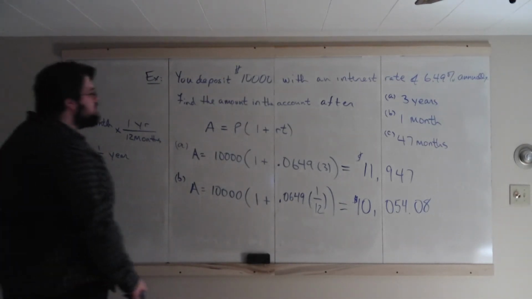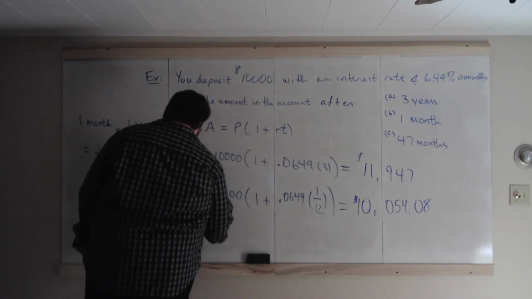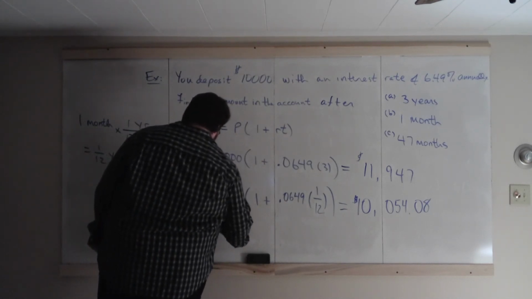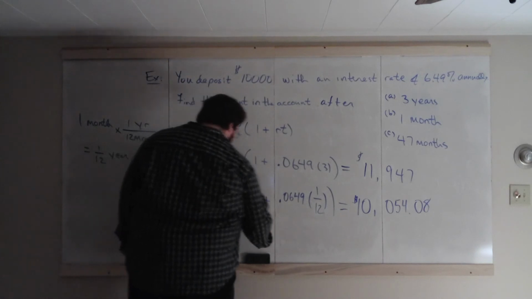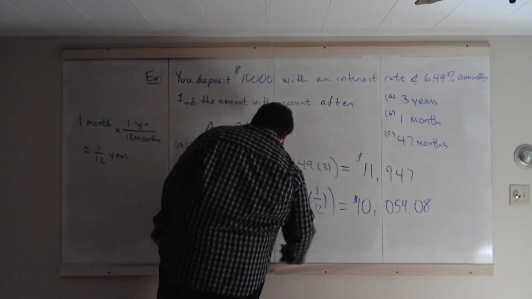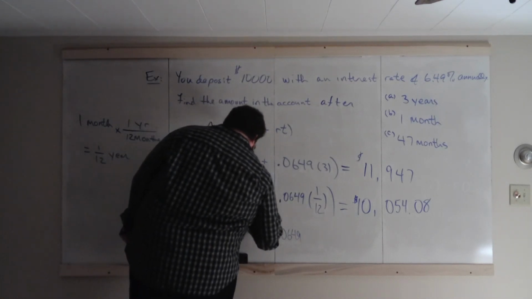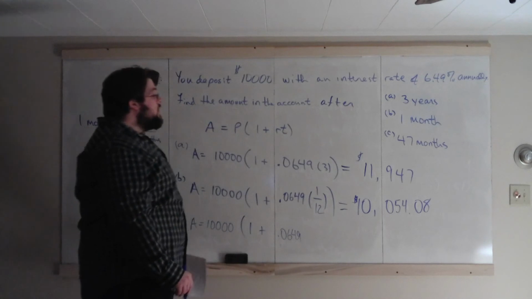And what about 47 months? Well, we did the work for B, and that actually does a lot of what we need to do for our unit conversion. I'm going to move the 1 plus over a little. 1 plus. Now we have 47 months.